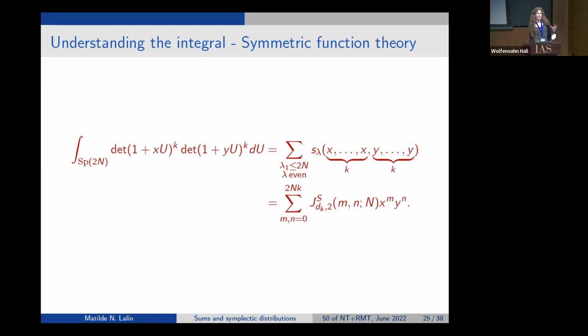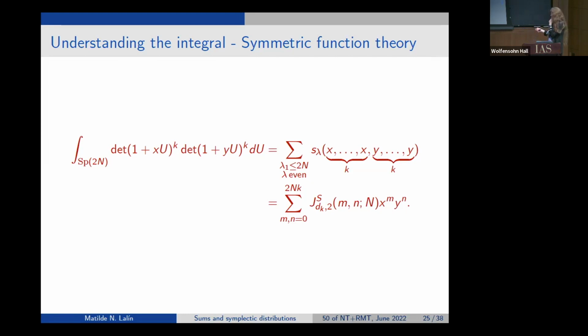Now, having this formula, we can write a generating function for the integrals that we want. The general formula is with, say, r variables. We take r equals 2k, we fix the first k variables to be x, and the second set of k variables to be y. So we're going to have the sum of the Schur function, but now evaluated like that.